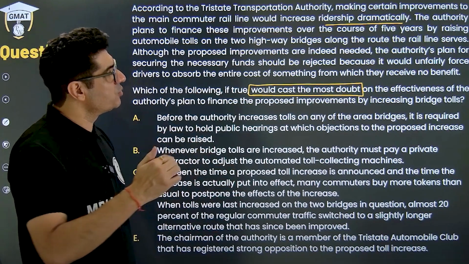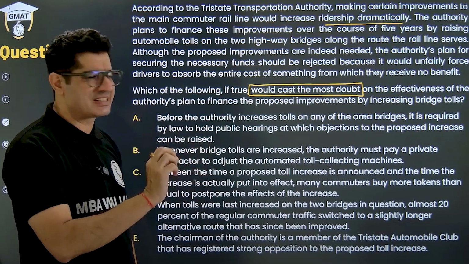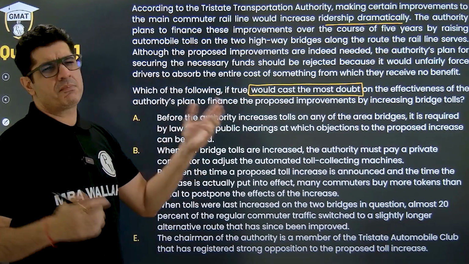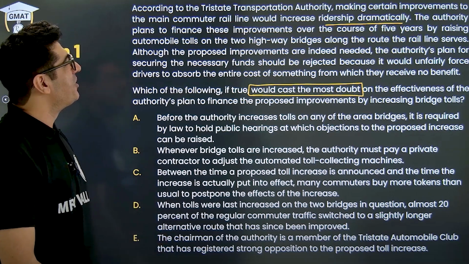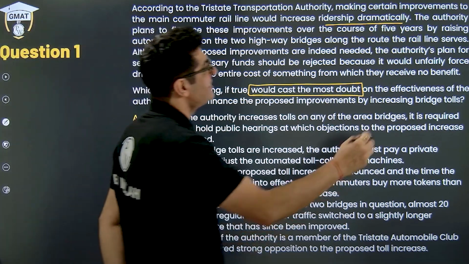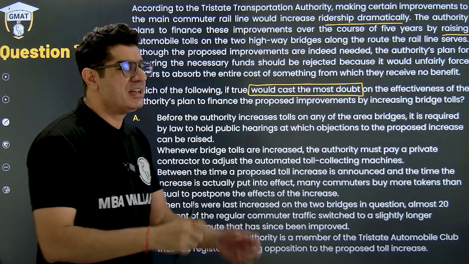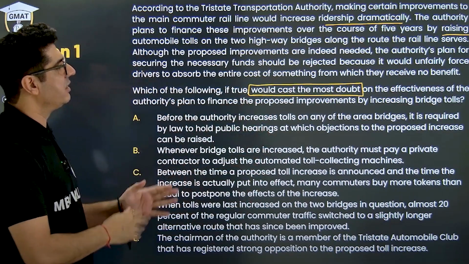On those bridges, when somebody travels, an automobile, a car, a truck, a bus, then we charge them a toll. Now we live in India, so we know all about tolls. So we are going to raise the toll, charge more money from those guys, and spend that money on improving the commuter rail line.